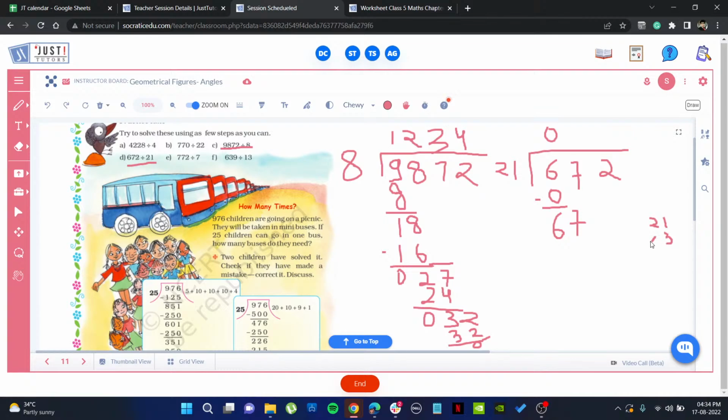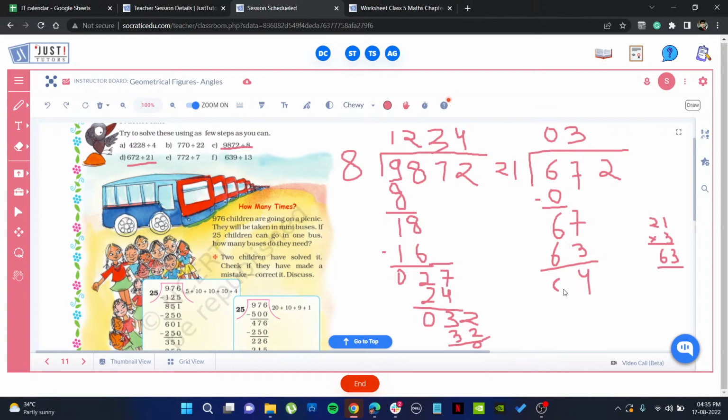Will it be 3? 3 times 1 gives us 3 and 3 times 2 gives us 6. We get 63. Yes, it will be 3. So let's write down 3 at the top, 6 here, 3 here. If we take away 3 from 7, we get 4 here.